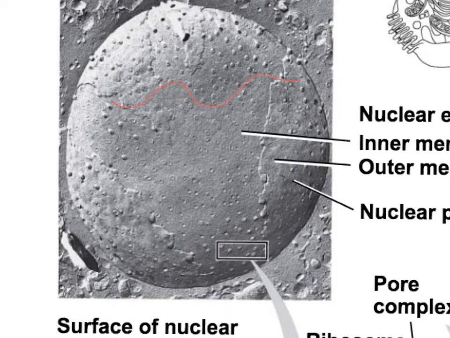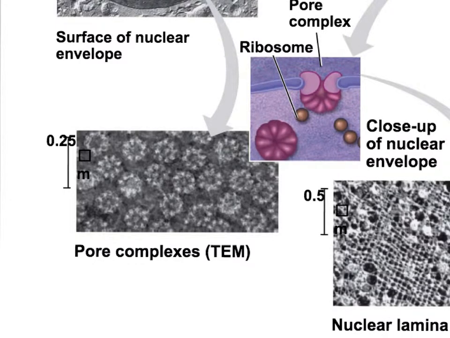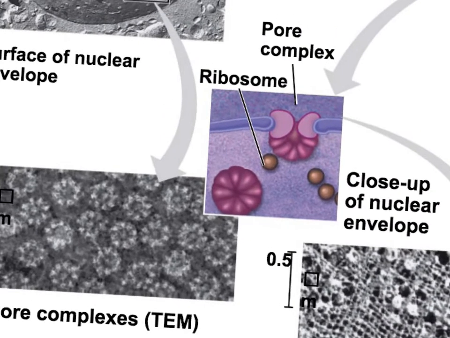That's easier and more efficient than having it pass through the double membranes. Okay? So, plenty of pores. Okay? This is what they look like. They look like these little, like I said, basket complexes. Okay? And this is a diagram of them.